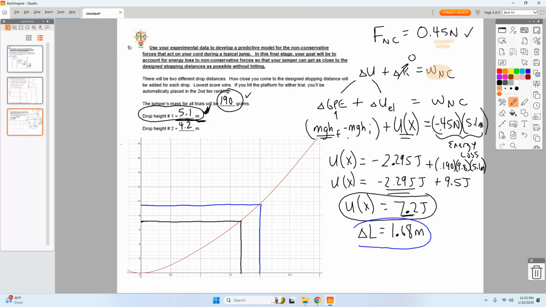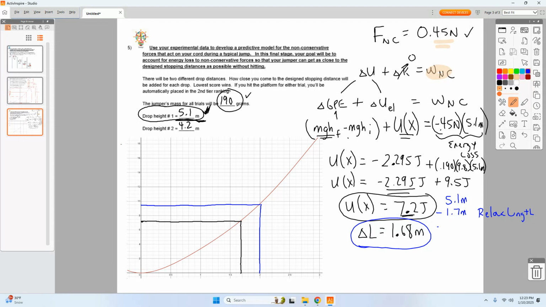This number now becomes the value that I'd use to determine the inelastic cord length. Let's say we're going to take 5.1 meters. We're going to subtract from that the relaxed length. So let's go ahead and put that down. The relaxed length for this one, let's say, was 1.7 meters.